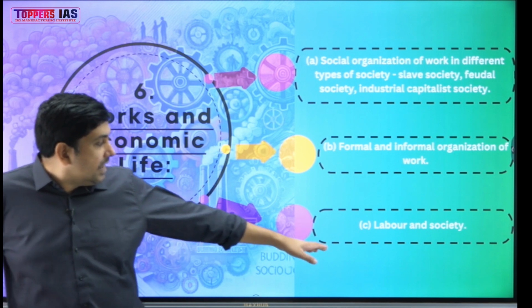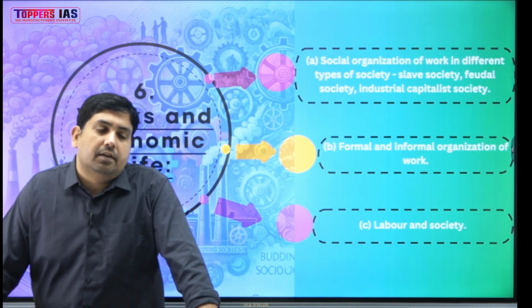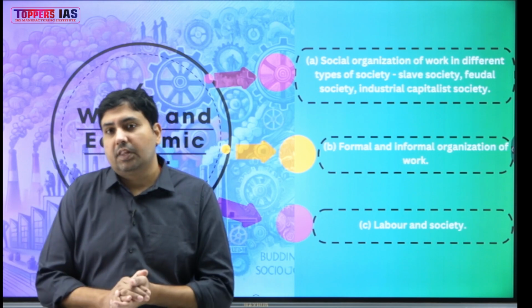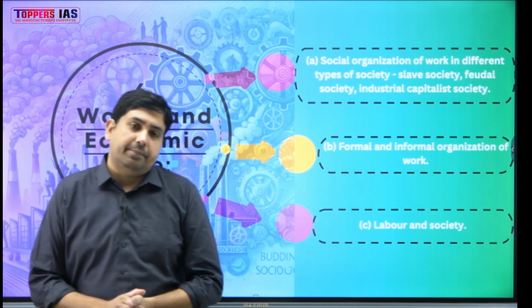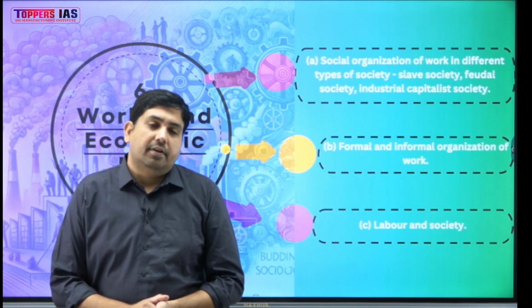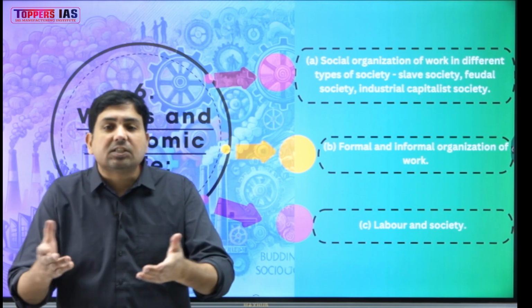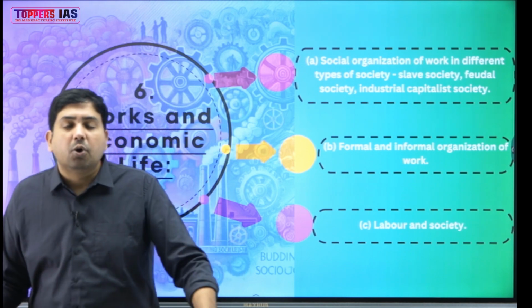Okay, then the last is labor and society. Here we try to explore the relationship between workers and the broader society, including the issue of power, the issue of exploitation, the issue of the changing nature of work.